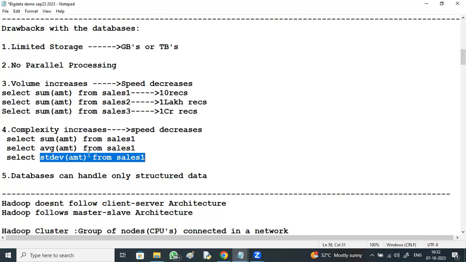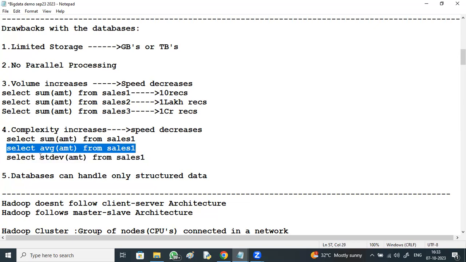Average amount is a two-step process: first the sum has to be calculated, next the average. So the second query is going to take more time. And standard deviation requires a lot of internal processing compared to the first and second queries, so the third query is going to take more time.